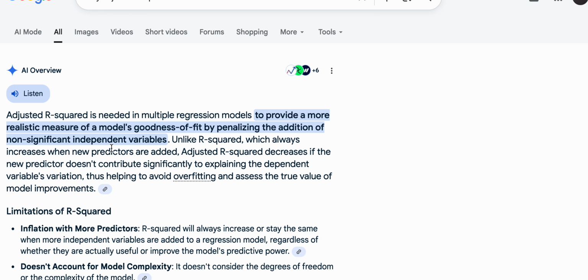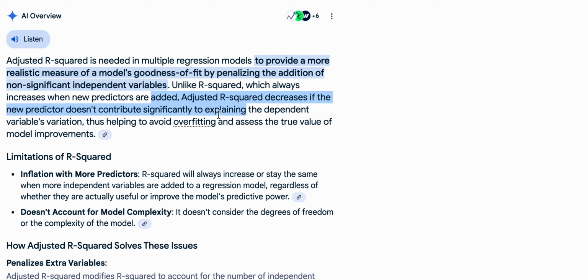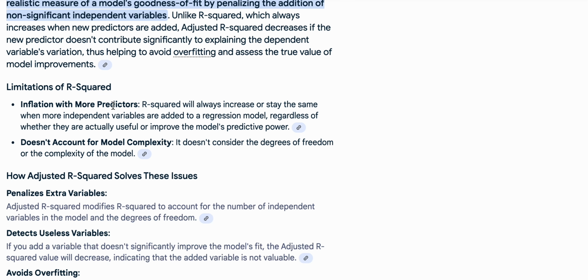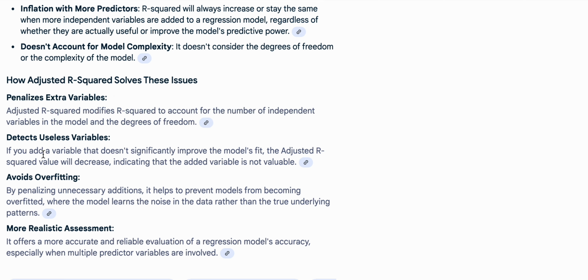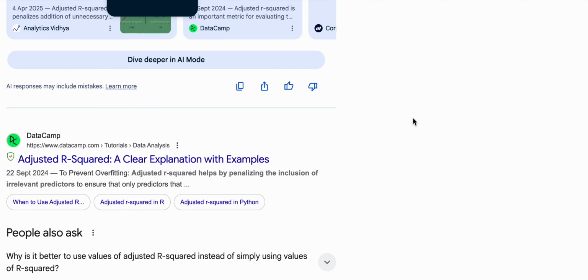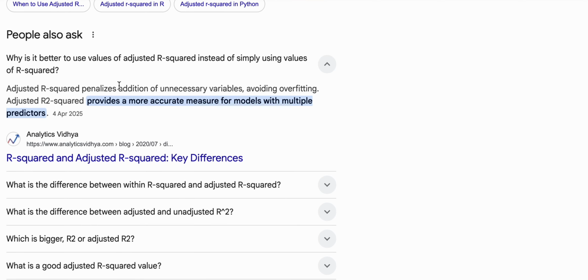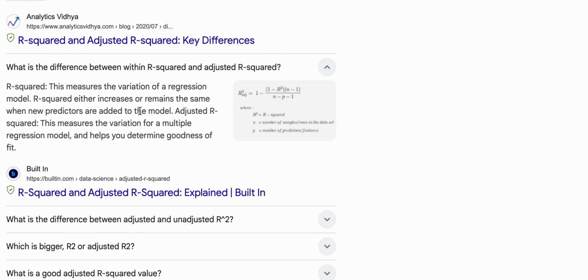To provide a more realistic goodness of fit, unlike R square, which will always increase when independent variables are added. Adjusted R square penalizes extra variables, detects useless variables, avoids overfitting, and gives a more realistic assessment. It provides a more accurate measure with multiple variables.